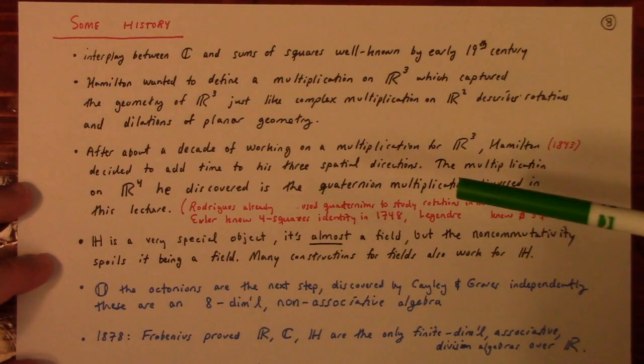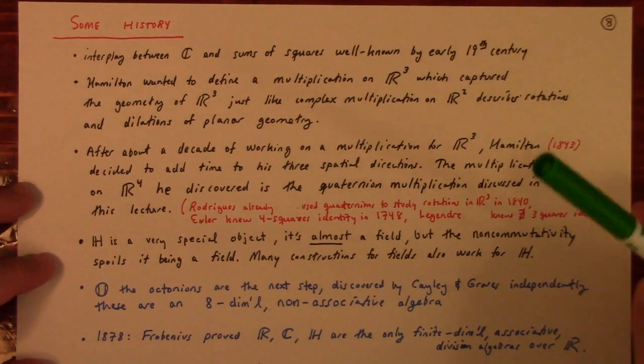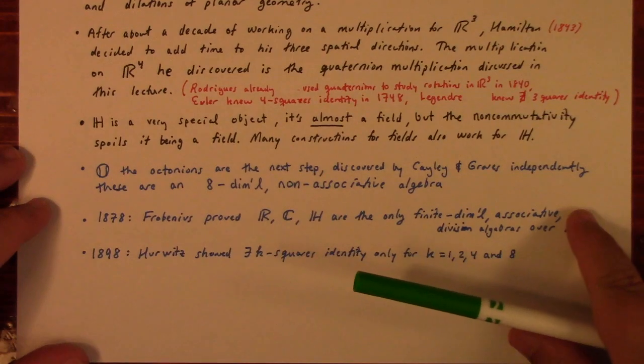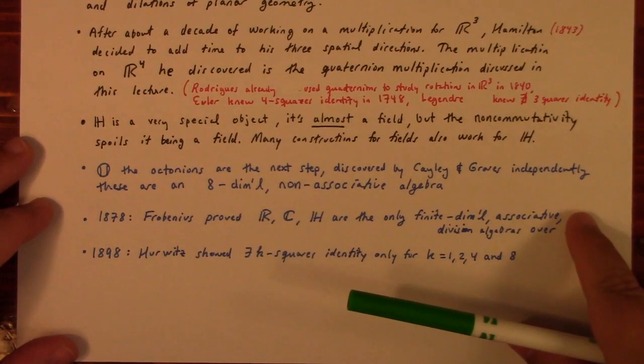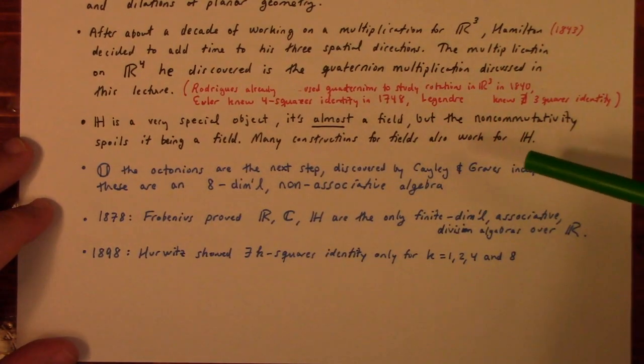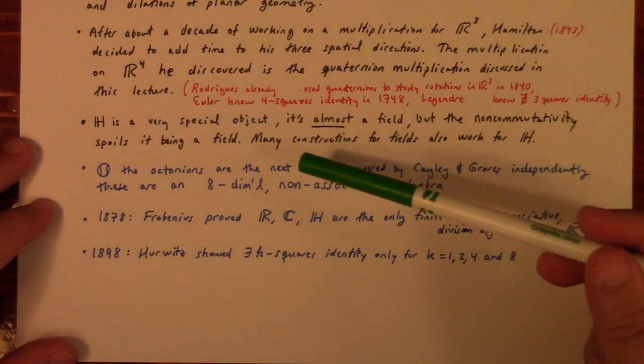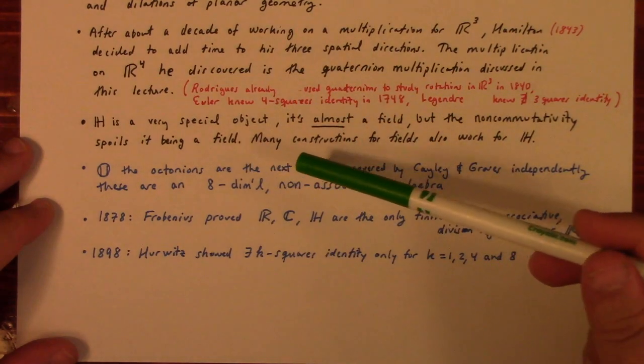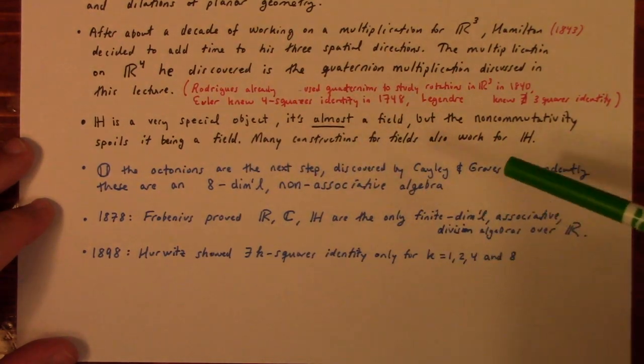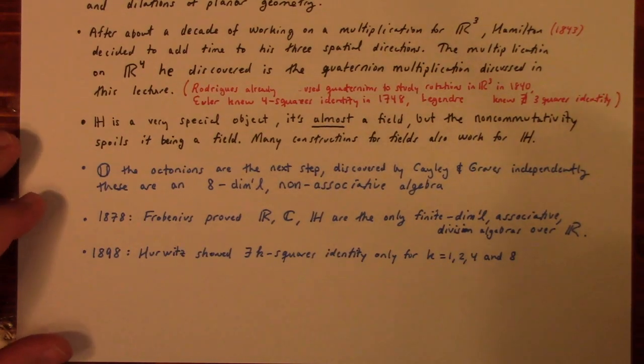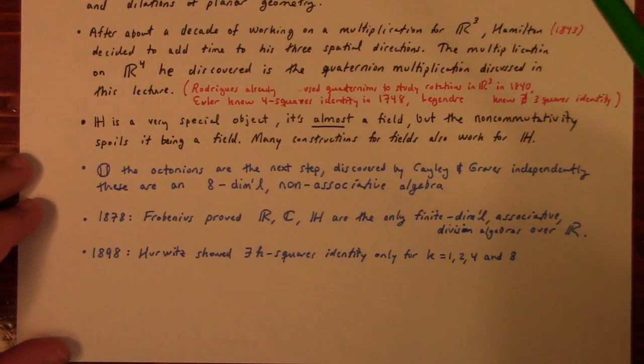Anyway, past the Quaternions, there's something called octonions. Octonions are an 8-dimensional space that was discovered by Cayley and Graves independently. And these octonions are non-associative, which is worse. I do believe they're what's known as power associative, though.